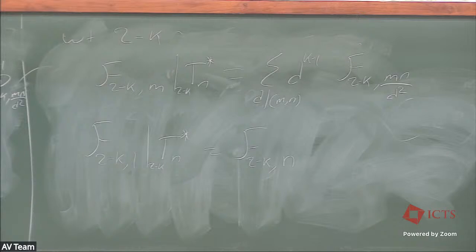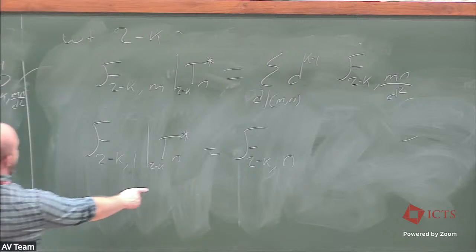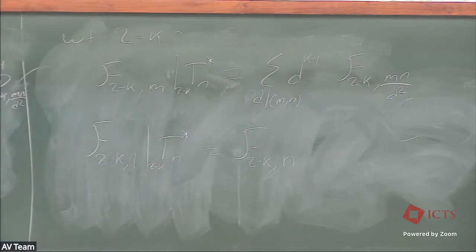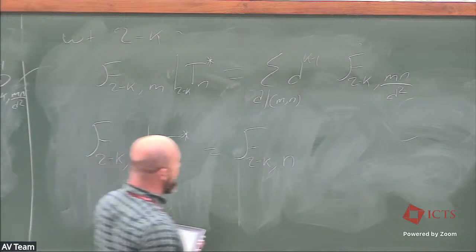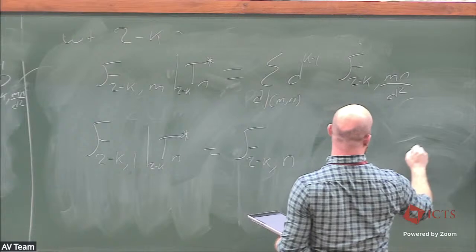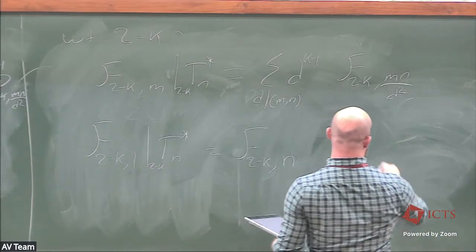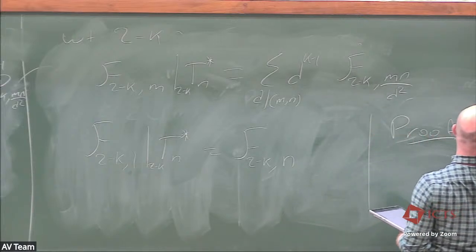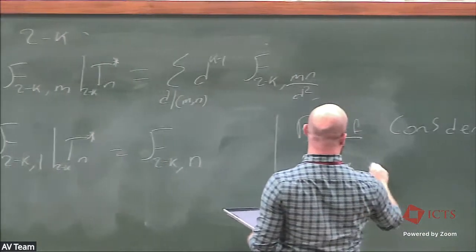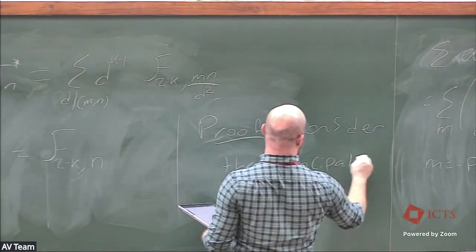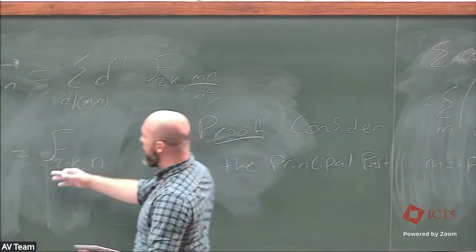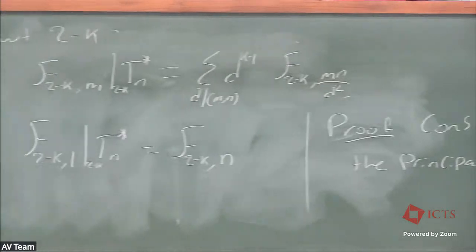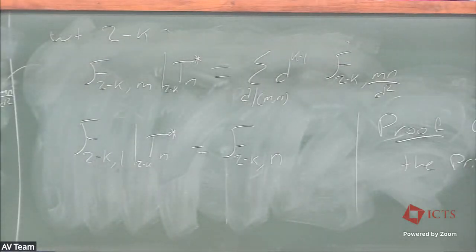Okay, any questions with this at this point? Now you can see, in the weight 2 minus k case, the proof of this is pretty straightforward. It's just using the principal parts. Consider the principal part, the order of the pole. Remember, we said that a harmonic Maass form of negative weight is uniquely determined by its principal part.